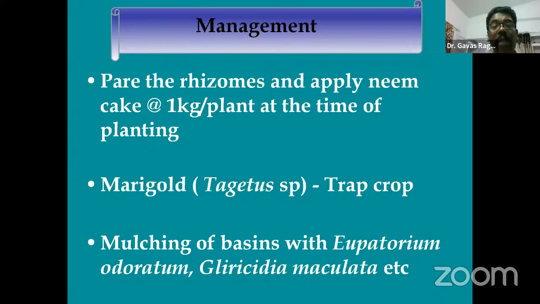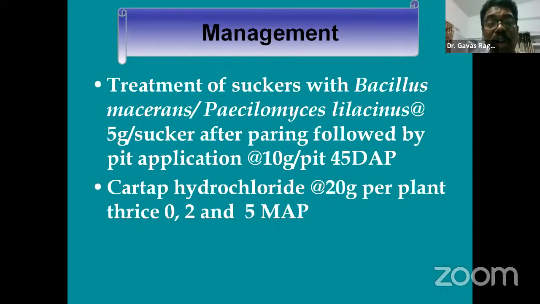We also recommend treatment of suckers with Bacillus macerans or Paecilomyces lilacinus, which is a nematophagous fungus, at the rate of minimum 5 grams, and up to 20 grams can be applied around the plant base. So 5 grams per sucker after paring, followed by pit application of 10 grams of these beneficial organisms per pit 45 days after planting.